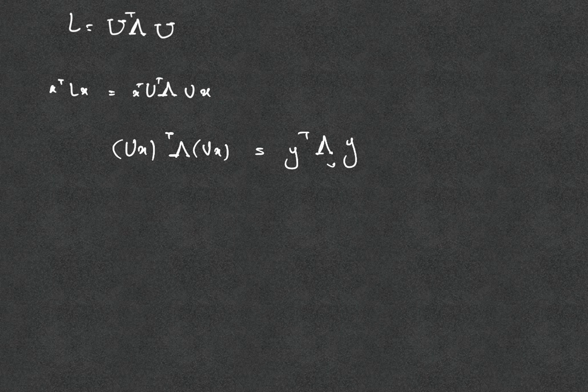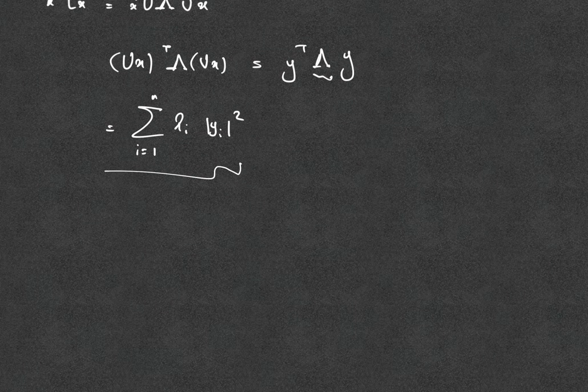And given the fact that lambda here is a diagonal matrix with the eigenvalues, we are going to get a sum essentially. Now consider the fact that in this case lambda 1 is 0, so we essentially have this.